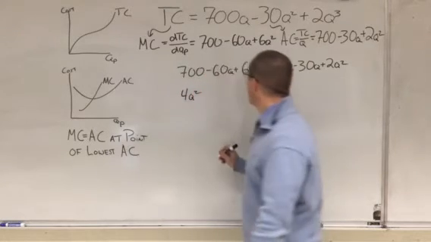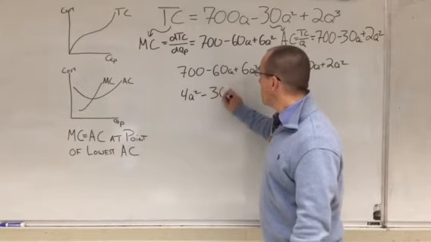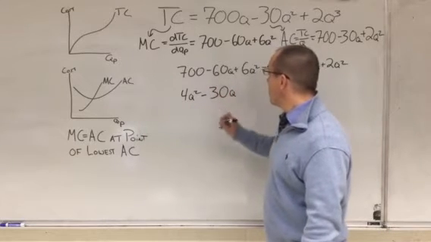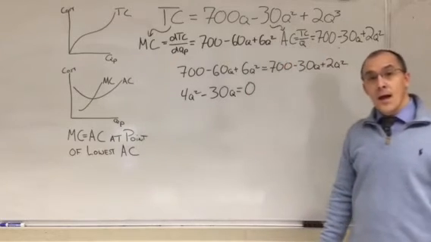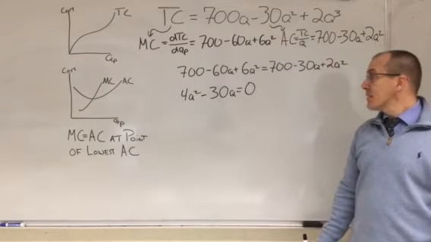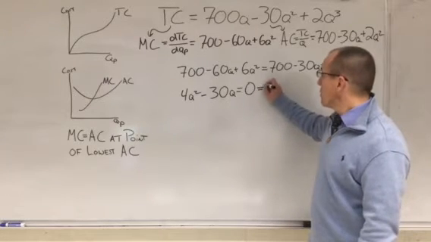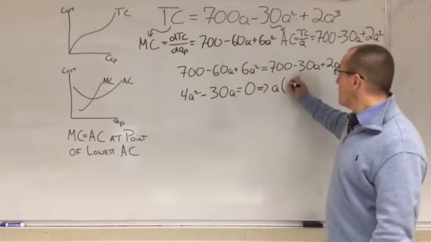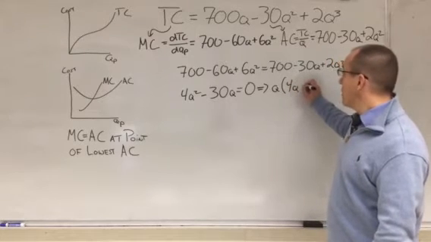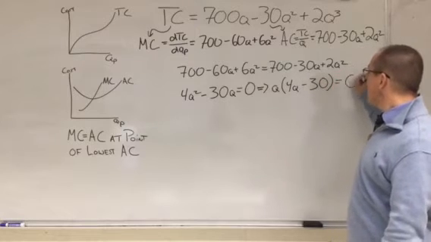4q squared minus 30q equals 0. And what I can do with this is I can factor out my q's, which will give me q times (4q minus 30) equals 0.